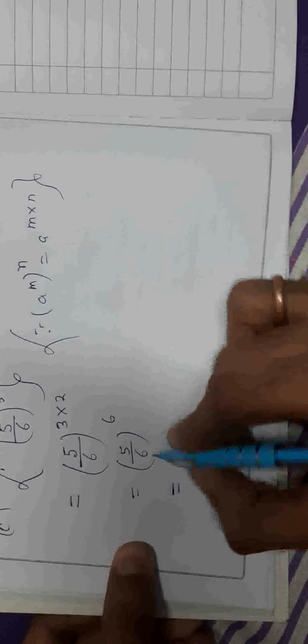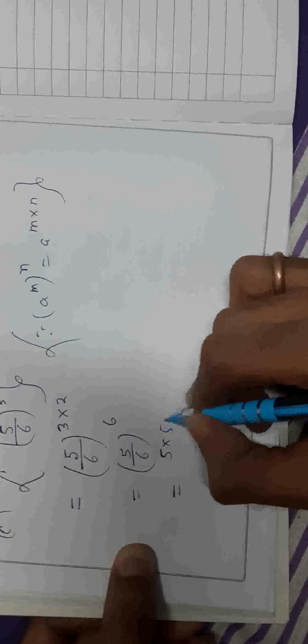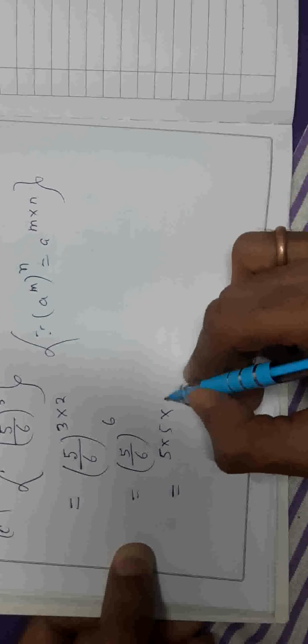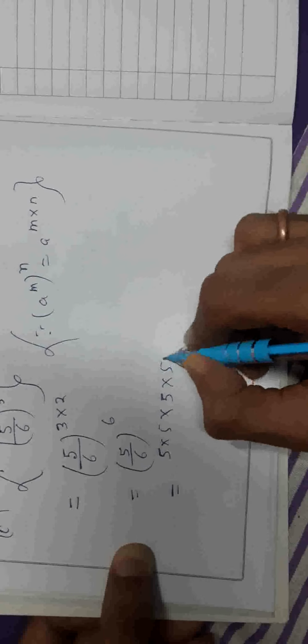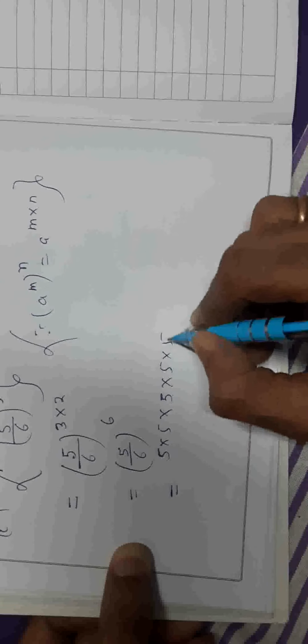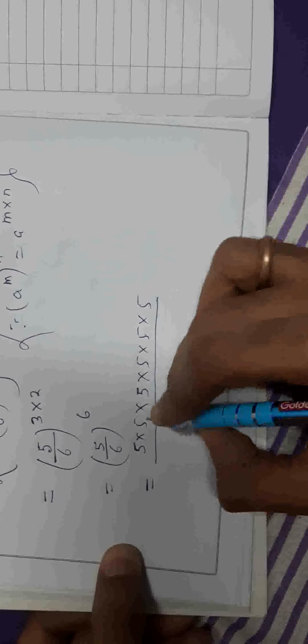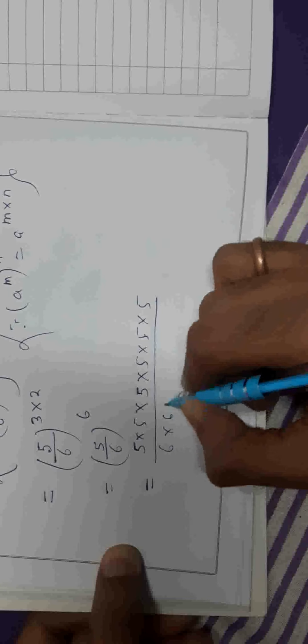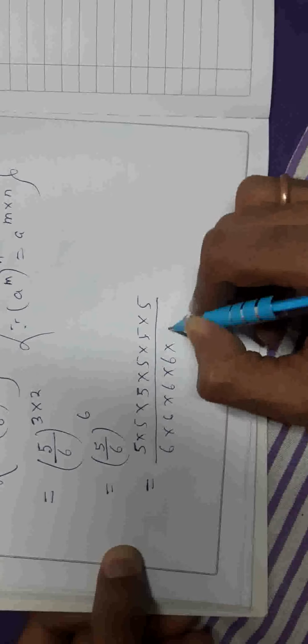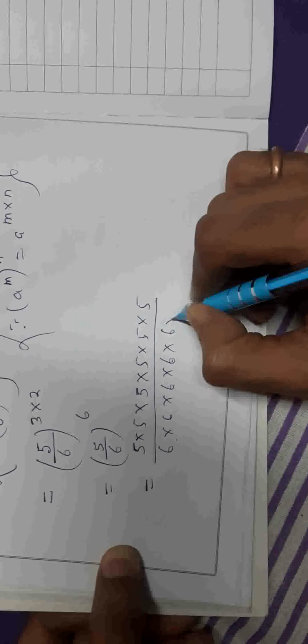So it gives 5, I'll be writing it 6 times: 1, 2, 3, 4, 5 and 6. Similarly 6, I'll be writing it 6 times: 1, 2, 3, 4, 5 and 6.